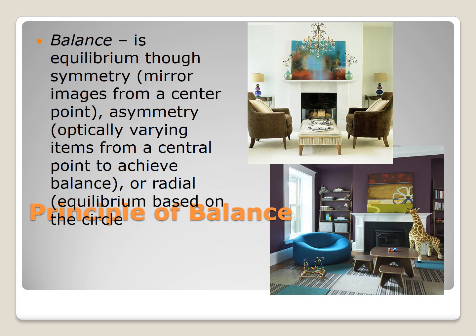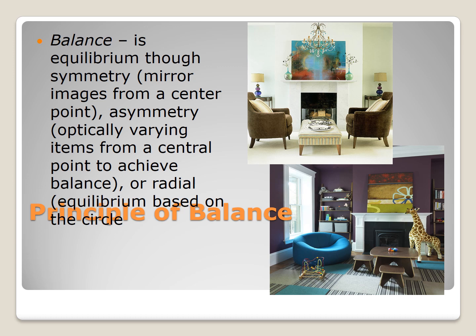Next, we have balance, which is equilibrium through symmetry. We're going to be discussing balance a little bit more in depth, so don't get too tied up. But what you're seeing in the sense of balance is that certain things look the same on the right as they do on the left.